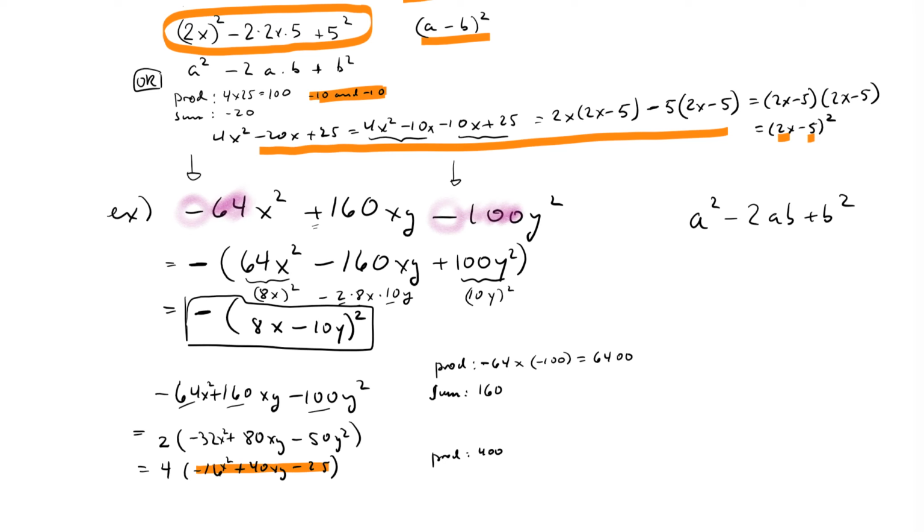Yes, correct. And sum of 40. And then you have to know your numbers well. I know that 20 times 20 is 400 and they add up to 40, but I don't know how good you are with factoring. So you see, if you always rely on the AC method, sometimes it can be pretty difficult.